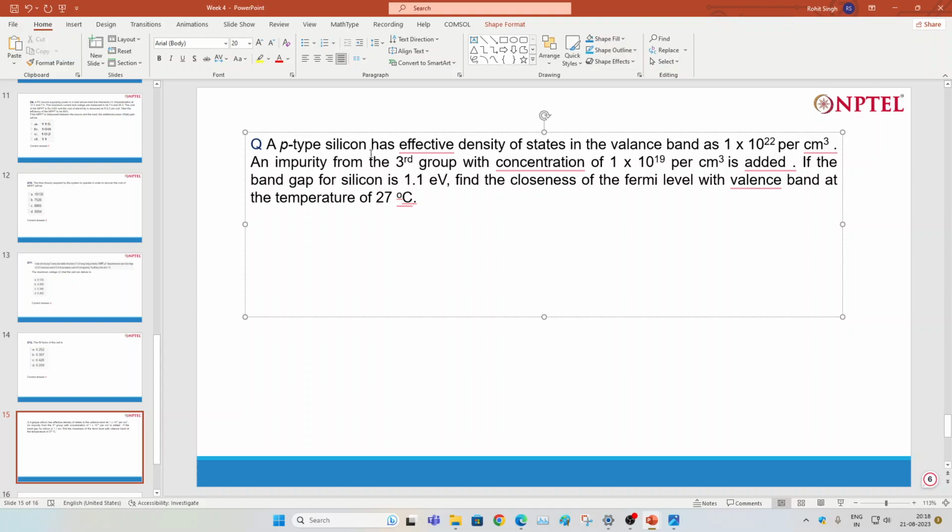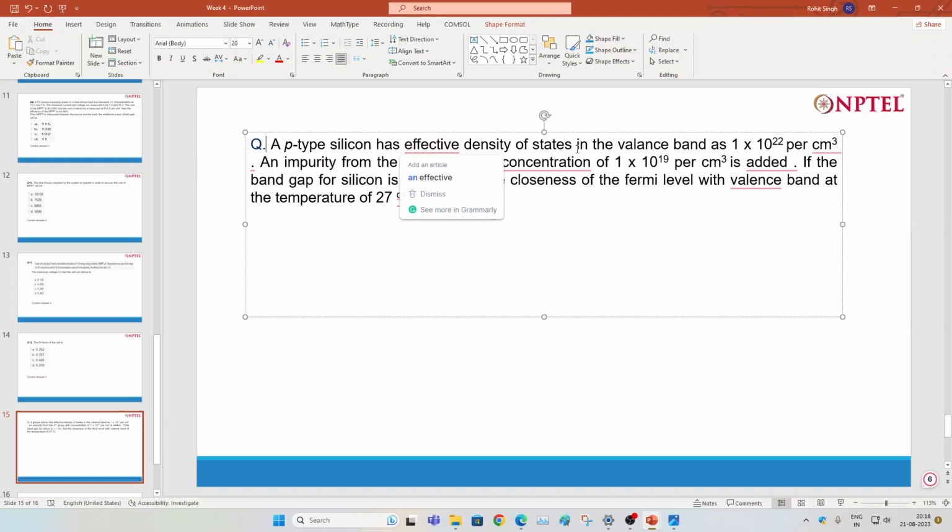First you try to read what the question is saying. The question is saying a p-type silicon has effective density of states in the valence band as 1 into 10 to the power 22 per centimeter cube. So effective density is given.